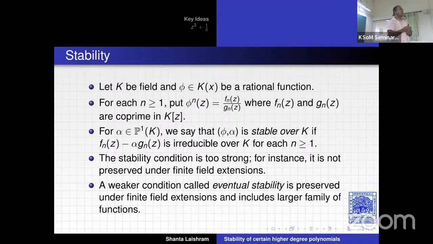So in fact, the stability condition is quite strong. For a field k, it can be stable, but if you take a finite extension, it need not remain stable. So we want to look at this weaker condition called eventually stable, where if it is eventually stable over a field, then over any extension it still remains eventually stable.